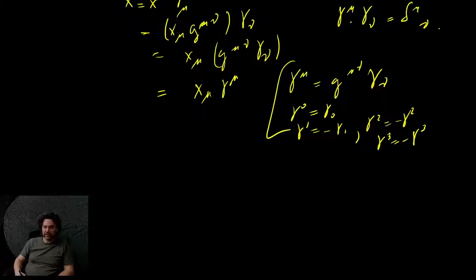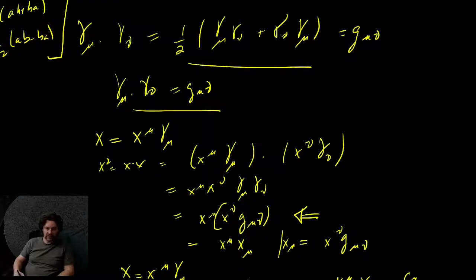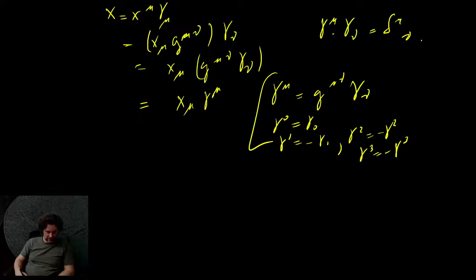So my point here, okay, so I was looking at the dot product of x with itself. We found that x dot x was x^mu x^nu g_mu nu.